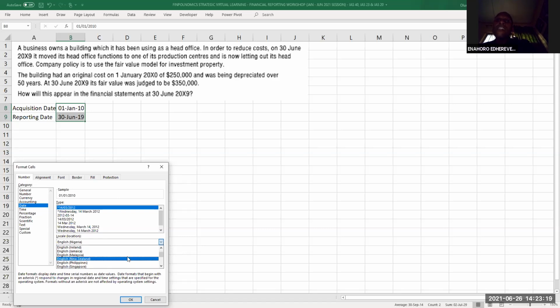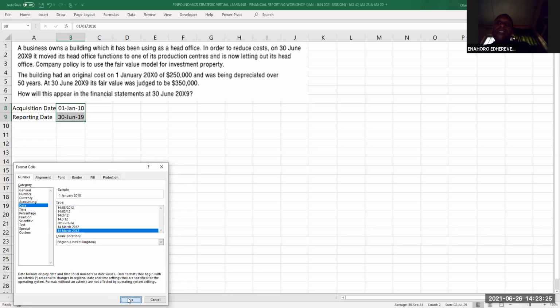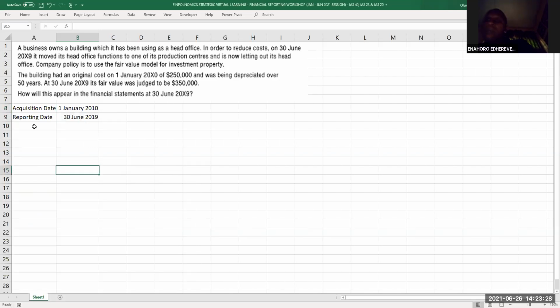So that gain on revaluation was moved to OCI, and as of that date, the carrying amount became 350,000 as investment property. That is the way we tackled it.